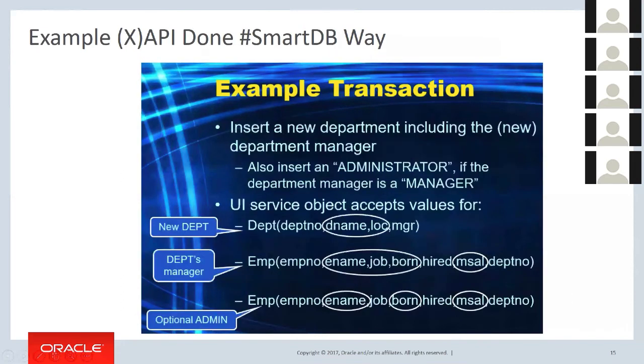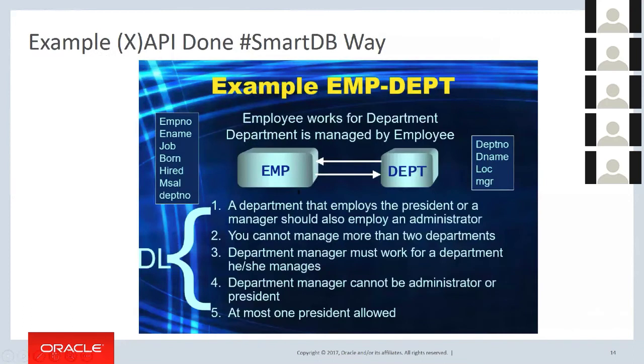Now let's look at the business function: create a new department. I would have a screen that enables the user to introduce a new department in my business. So inserting a new department, including the new department manager, because I have this chicken-and-egg issue going on here.